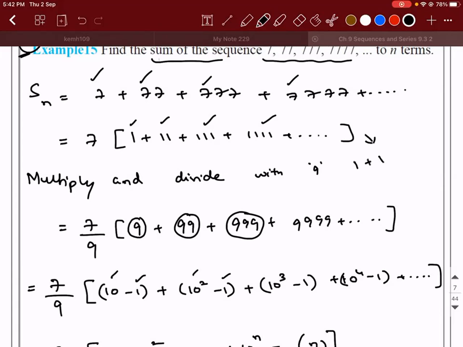You'll write 1 plus 10 plus 1 plus 100 plus 11 plus 1000 plus 111. You understood? 10, 10 square, 10 cube, yes, you can save. But what will you do with 111, 111, all those things? Yes, sir.